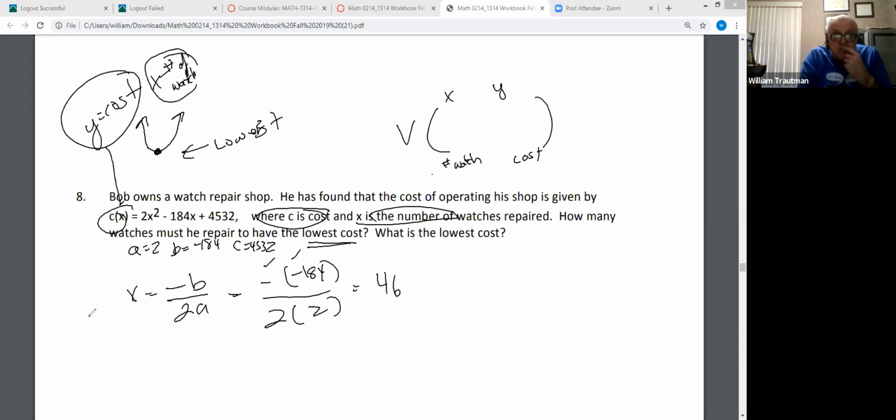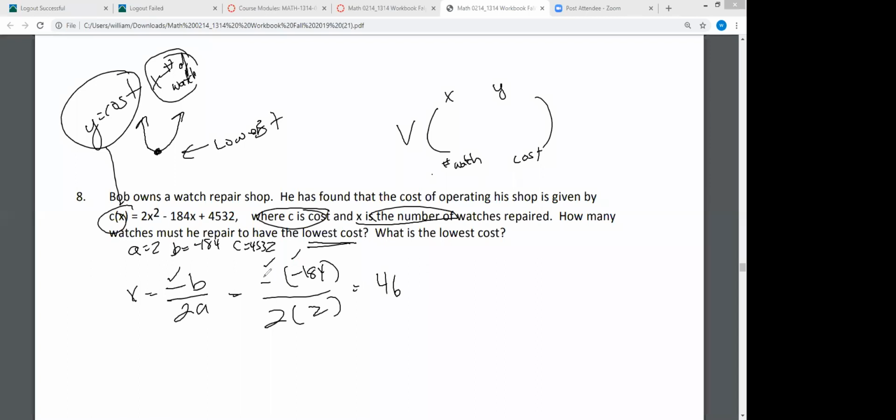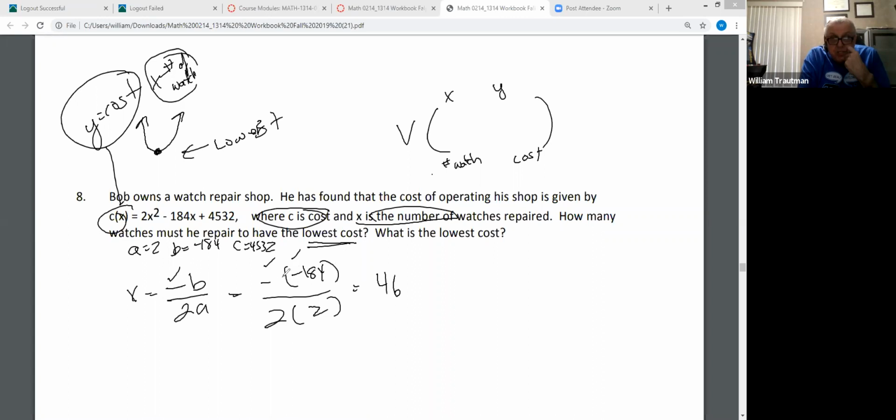Make sure there's a negative in the formula, but B is negative 184. If you have a negative outside the parentheses and a negative inside, it changes to a positive. So you should get a positive 46. The number of watches that produces the lowest cost is 46.